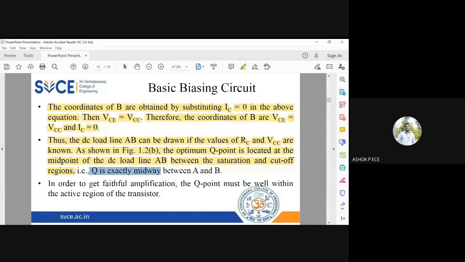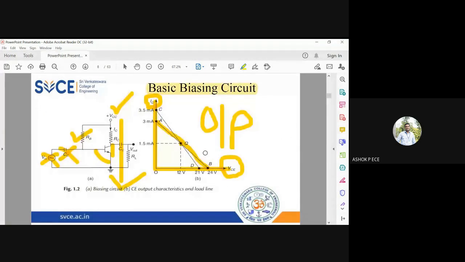So Q is going to be exactly between A and B. If Q is exactly in the midpoint, it is the active region. If Q moves towards A, it is going to be saturation. If Q moves towards B, it is going to be cutoff. So this straight line will connect all three regions of your transistor.